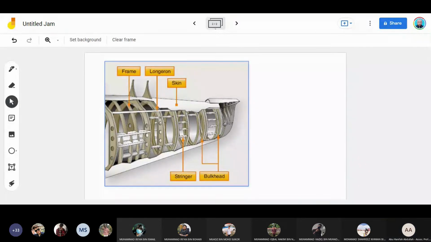That's the first. Secondly, you must understand damage. So how the structure has been damaged, what kind of damage. So that is the second part of it.